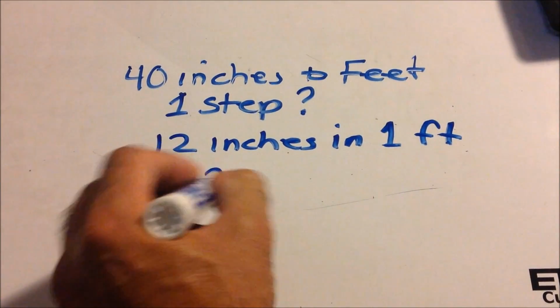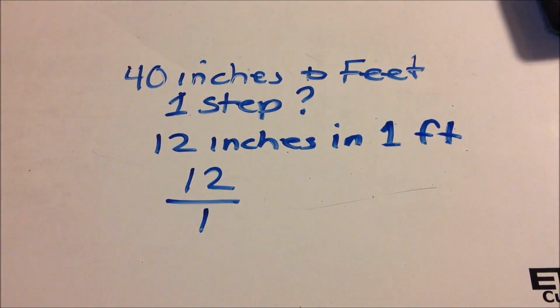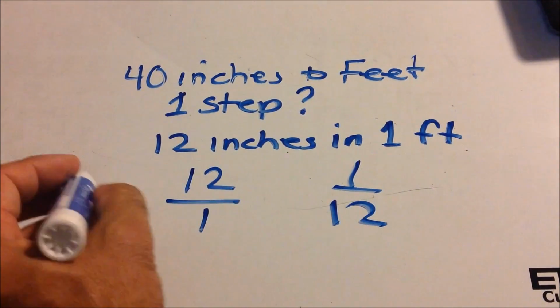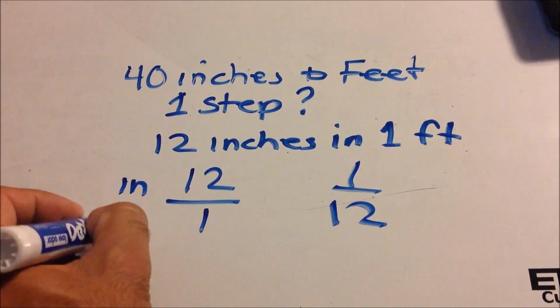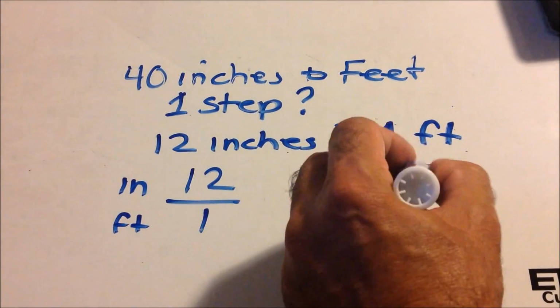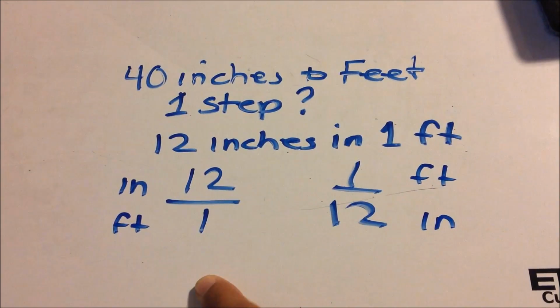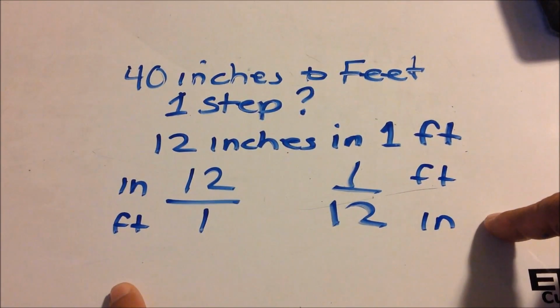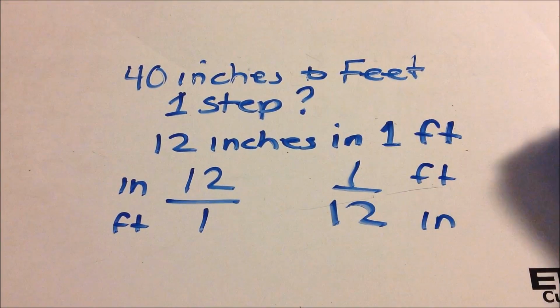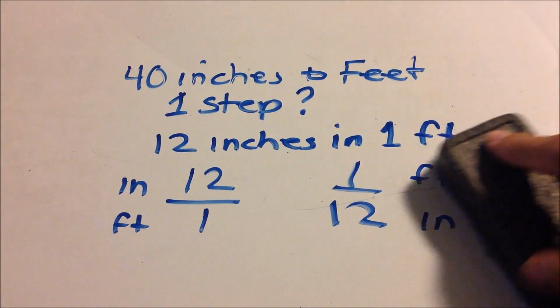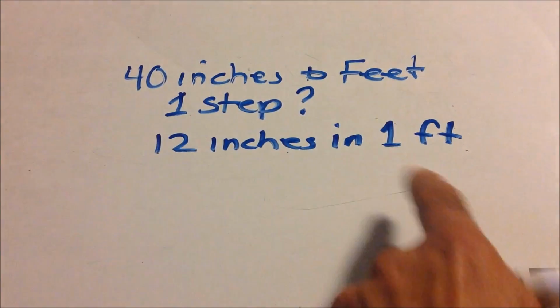So a ratio is 12 to 1. It also could be 1 to 12. Depends how we label it. So here we're labeling inches and feet. And either way is fine as long as you label it. So the first step is to find out how many inches are in a foot, and we know it's 12.